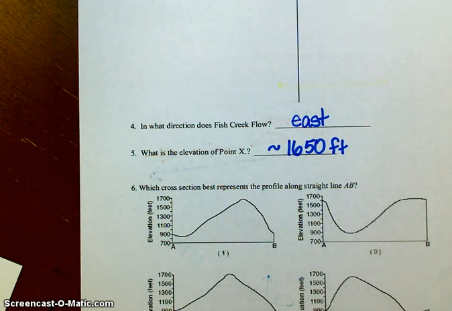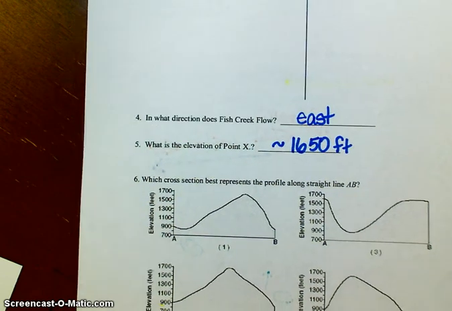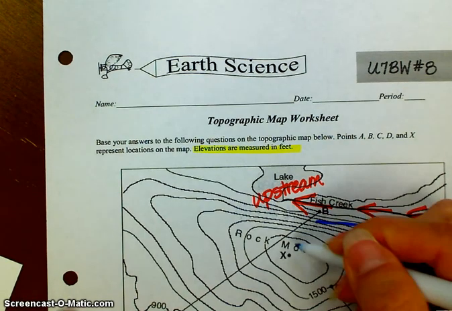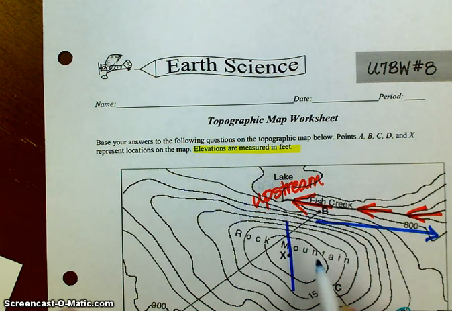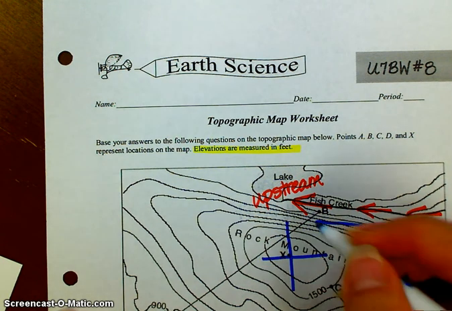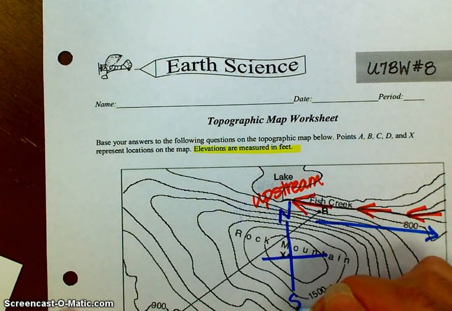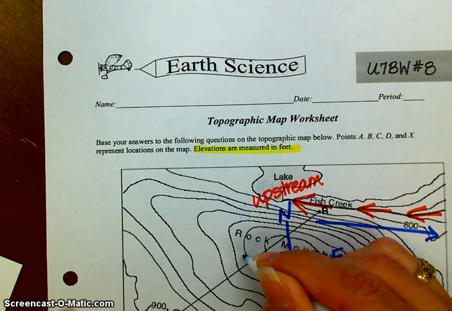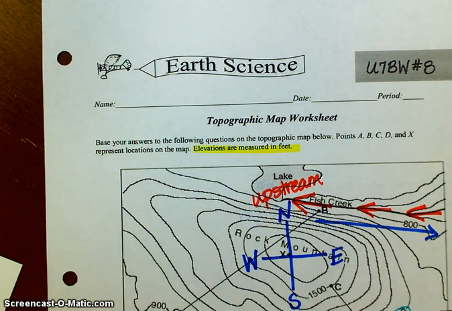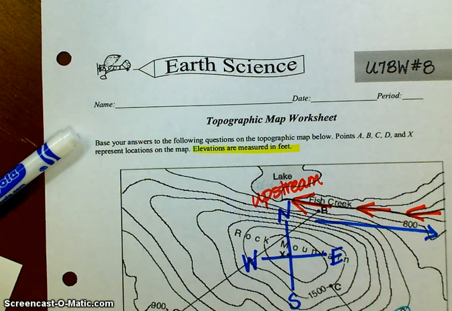Questions 7 and 8. Which side of Rock Mountain is the steepest? Give me a compass direction. Rock Mountain, if I draw a compass needle right through Rock Mountain's summit, this is north, south, east, and west, my contour lines are closest together right through here.